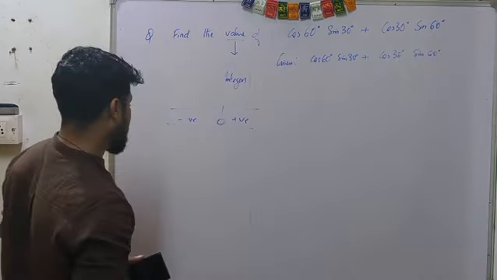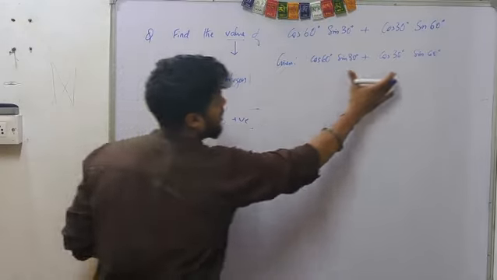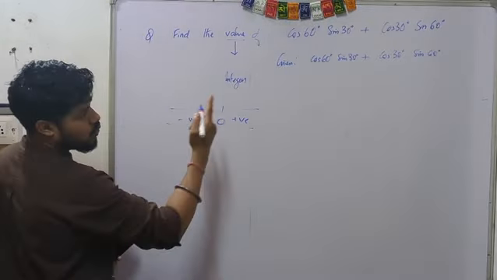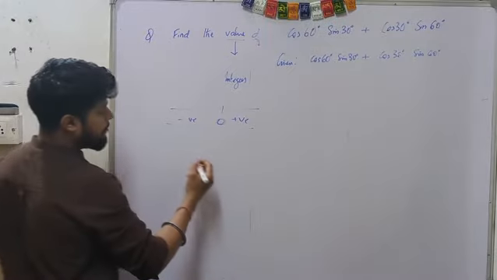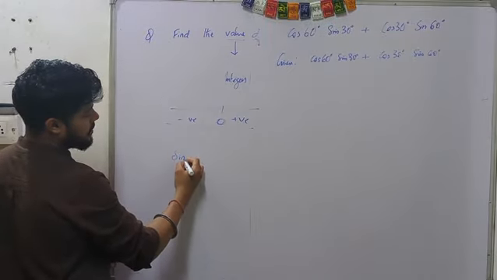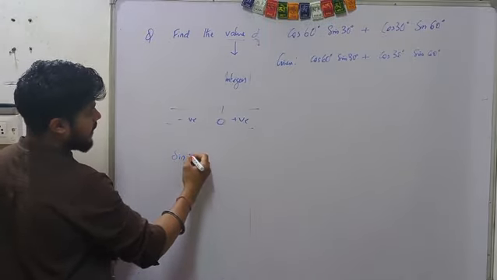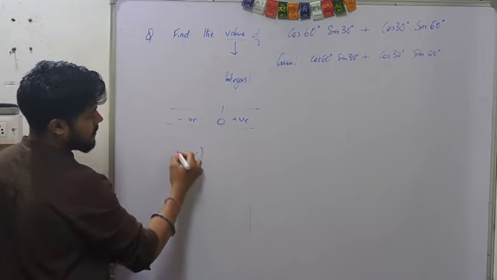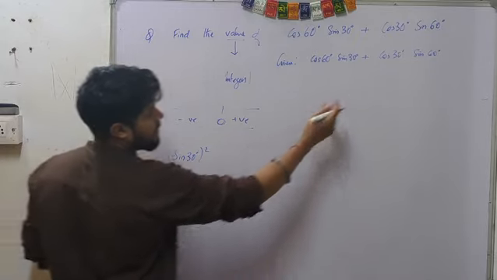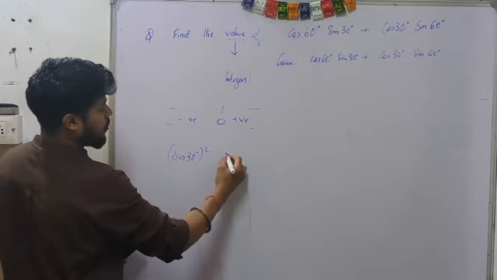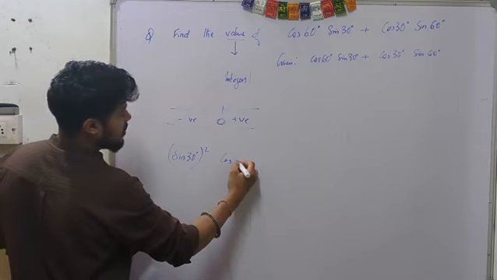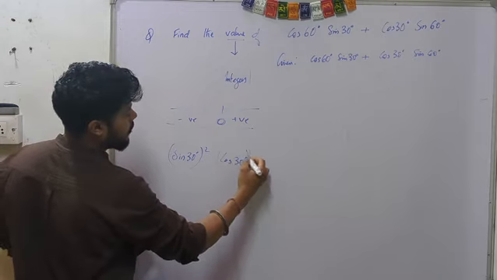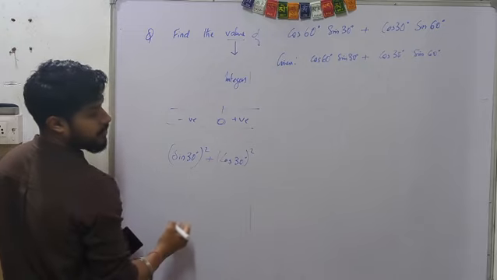Now my concentration is, अगर इसकी वैल्यू निकालनी है, then if I could make sin 30 degree and square of it, इसका square बना दो, and here if I can make cos 30 degree and square of it, and the plus sign is already given.